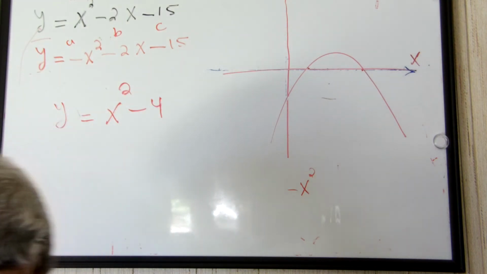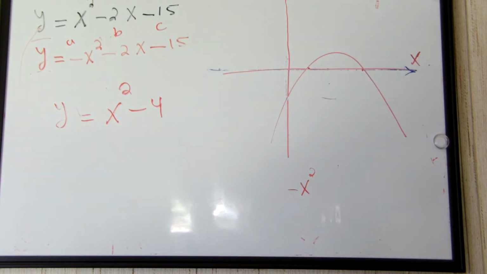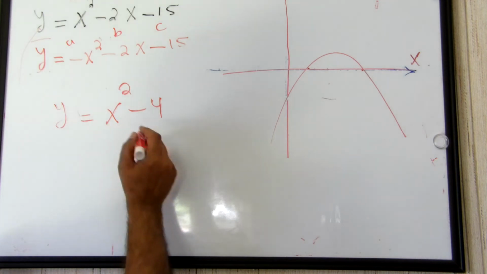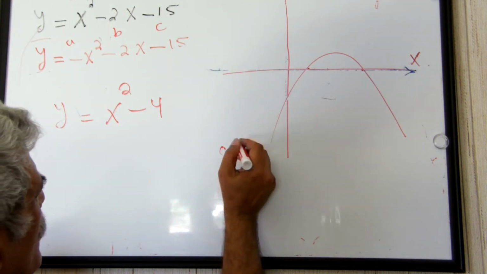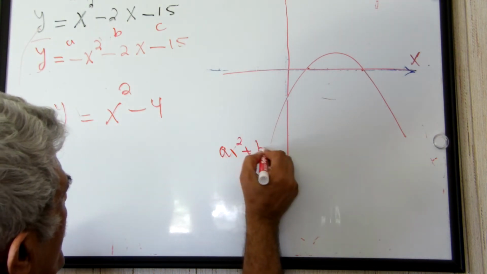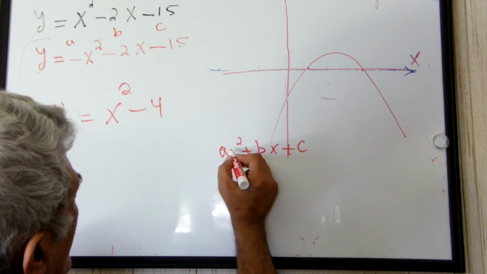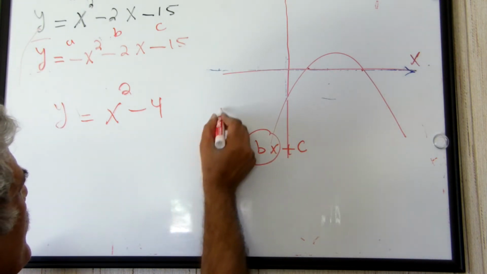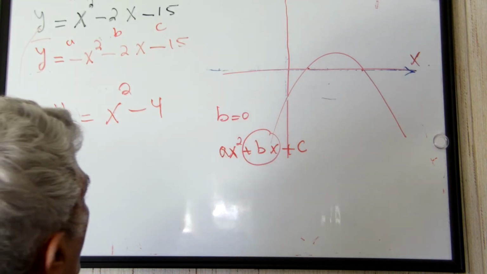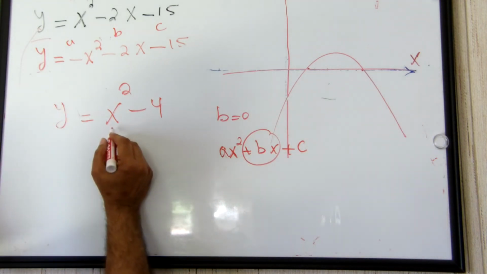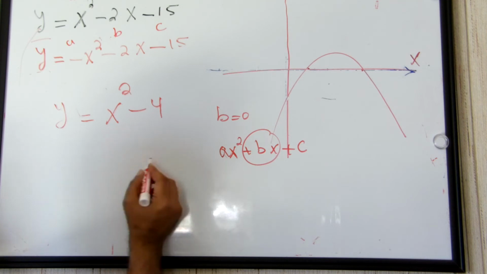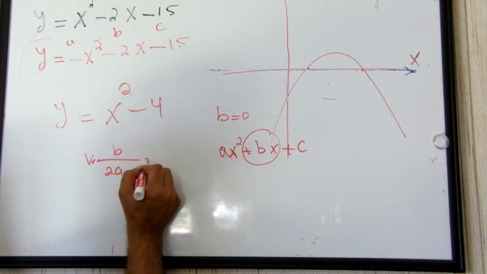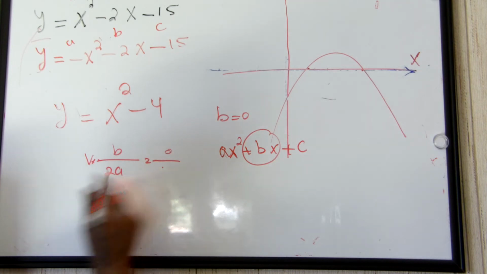See, the standard form is ax2 plus bx plus c. This one doesn't have x, so b is 0. Now if you want to find the vertex of this one, see, the vertex x is minus b over 2a. b is 0, so this is going to be 0.